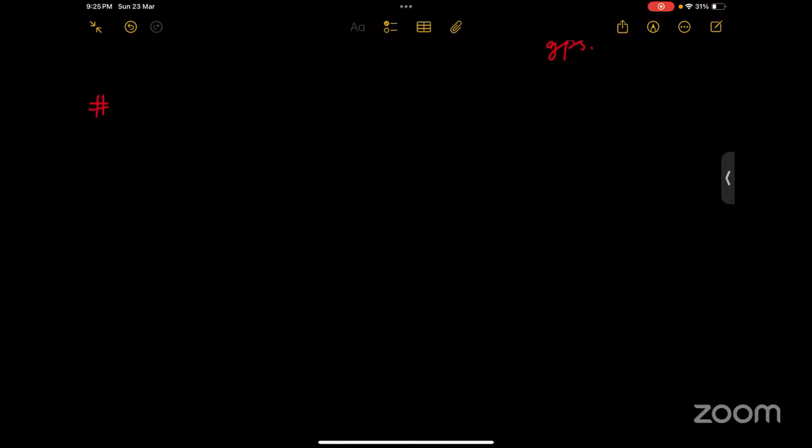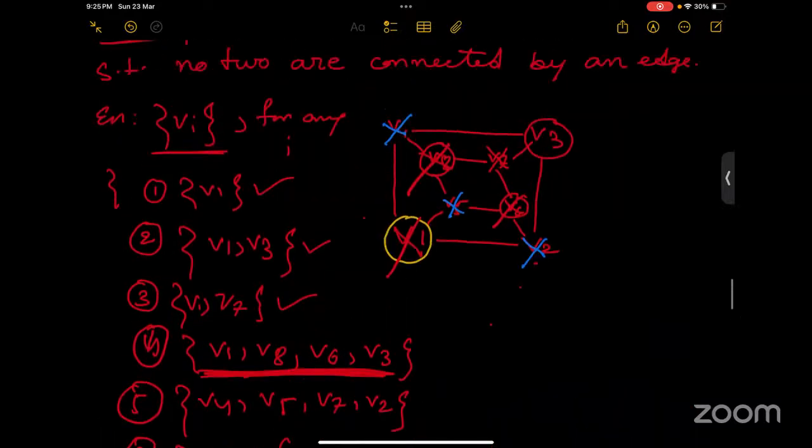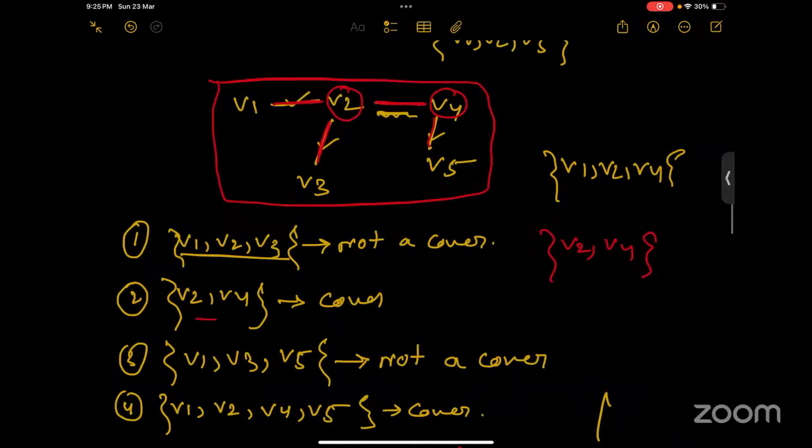If I consider the previous problem, we have to take 2 cameras to cover all the corridors: V2, V4. That means we need 2 covers.